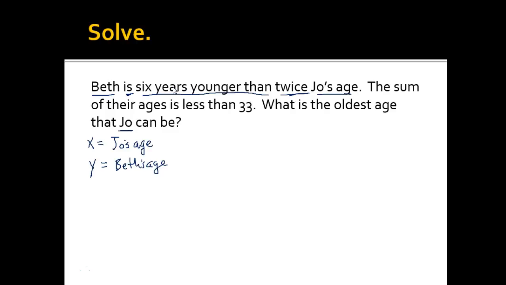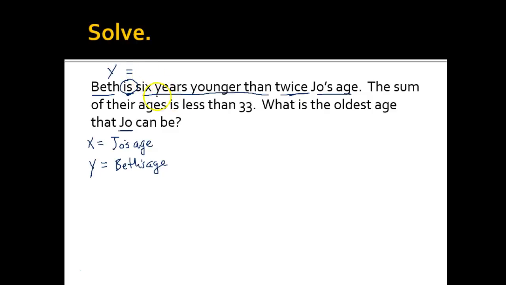Add, subtract, multiply, divide, equal to, variables, numbers. Each of those represents something. So let's go through and take each one and translate it into algebra. We'll start with Beth. Beth's age, we decided that's going to be y. Is, the word is means, I hope you know, equals.